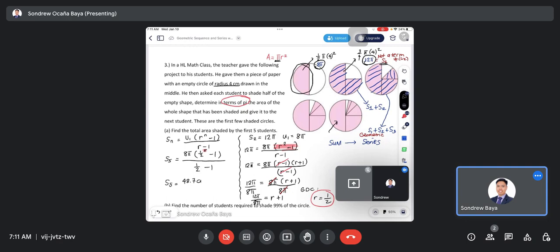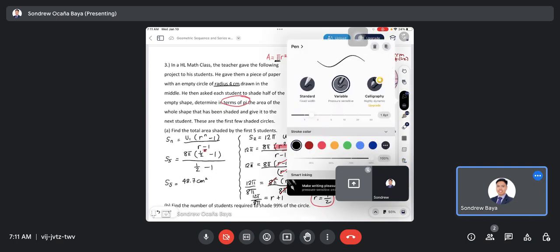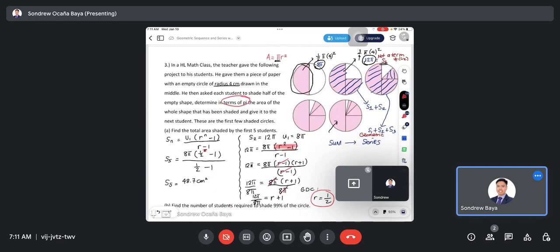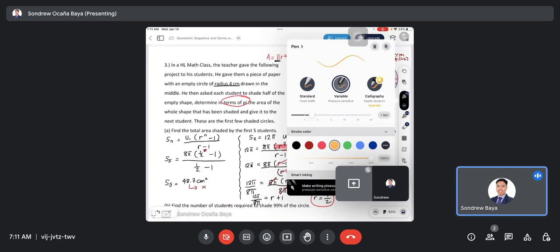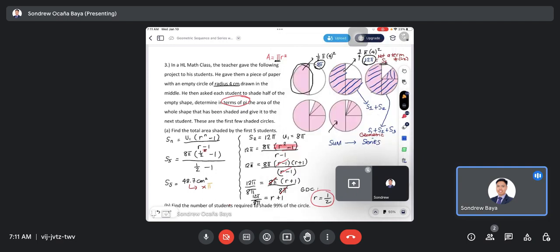centimeters squared. Now, since the question is asking you to write it in terms of pi, this one is just the same as the value times pi. So it's like we are multiplying pi to whatever value it is.